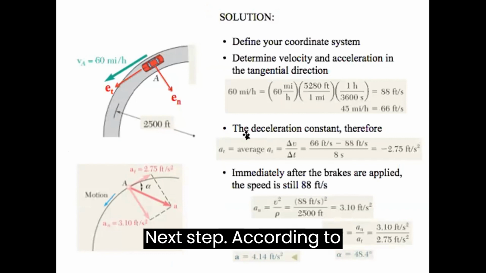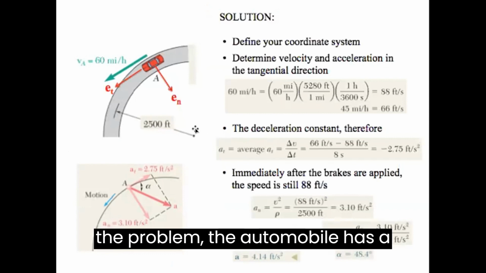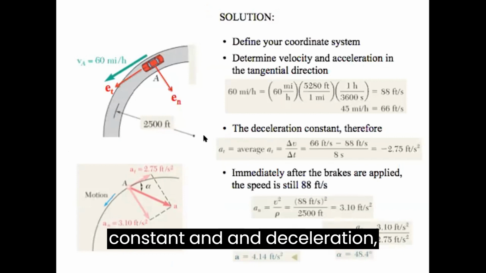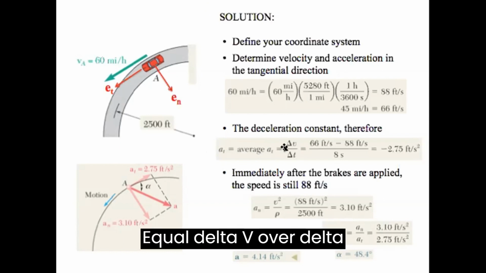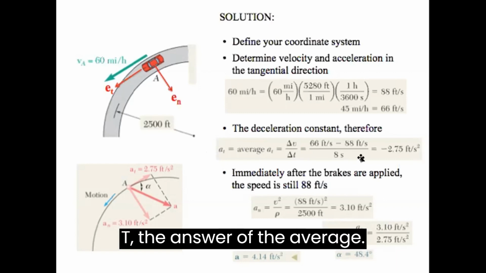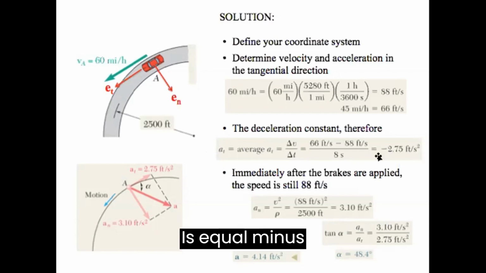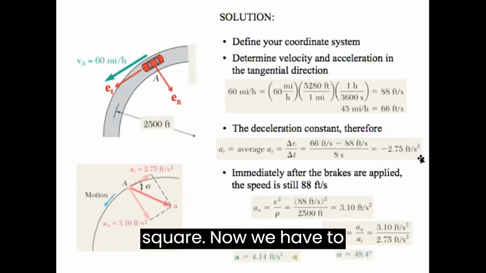Next step, according to the problem, the automobile has a constant deceleration. Therefore, a_t equals average a_t equals delta v over delta t. The answer is a_t equals minus 2.75 feet per second squared.